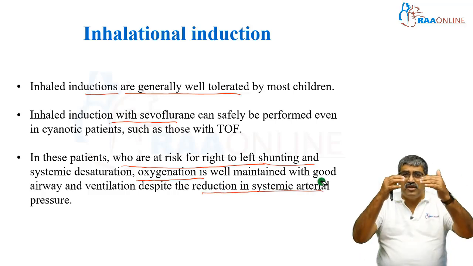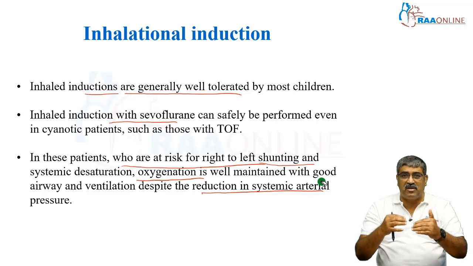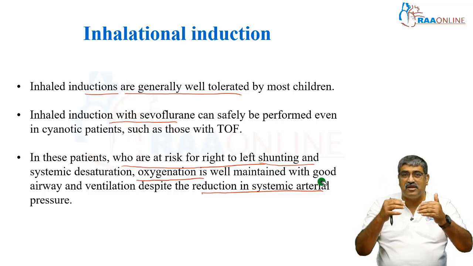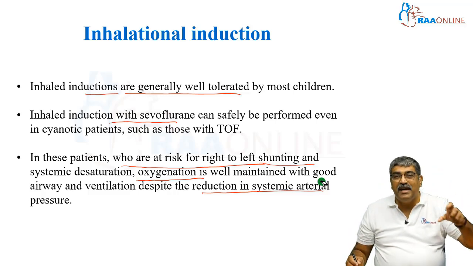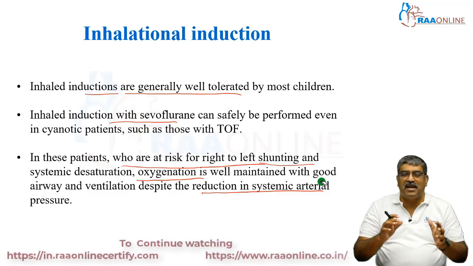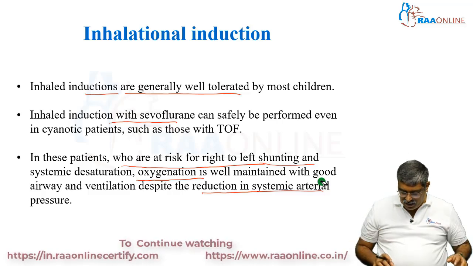Sevoflurane is going to reduce your systemic vascular resistance, so there is going to be a lot of right to left shunting, so desaturation will happen. But if you maintain the airway properly and adequately ventilate the patient, that desaturation can be easily countered.